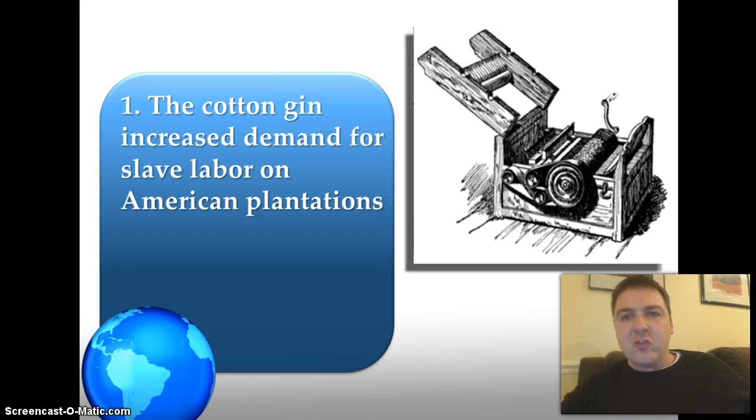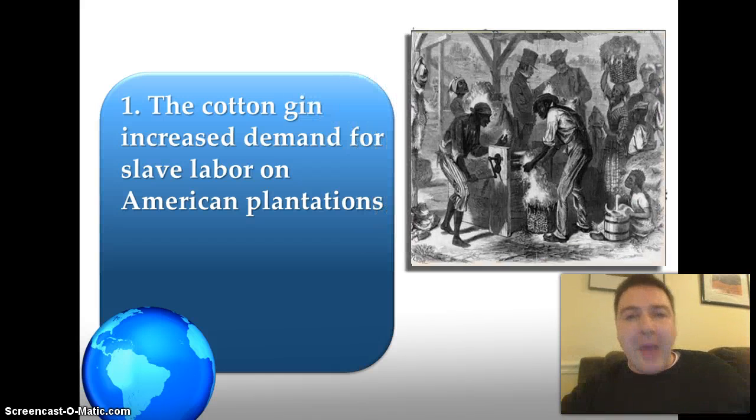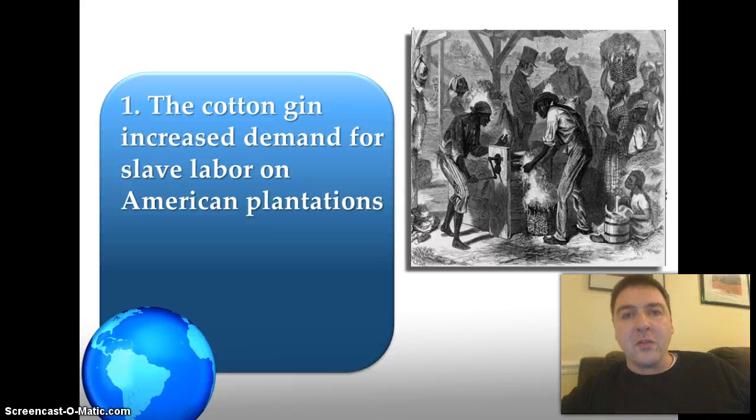But one of the side effects of the cotton gin was an increased demand for slaves because it made demand for cotton go up. More planters started growing cotton, and we can see the rapid expansion by the outbreak of the Civil War in 1860, how many more of the states were growing cotton, and that increased demand for slaves.